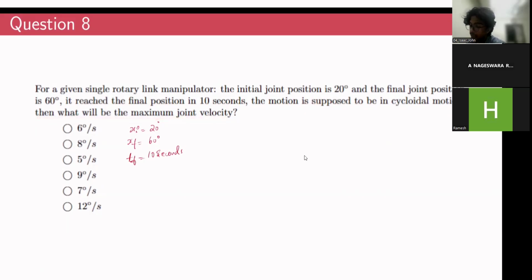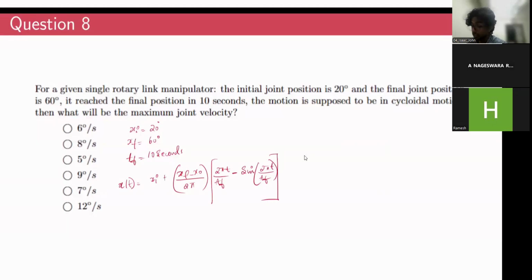Like from earlier, we know that the governing equation for a cycloidal trajectory is given as xi plus xf minus x0 by 2 pi multiplied by 2 pi t by tf minus sine of 2 pi t by tf. We have derived this earlier.